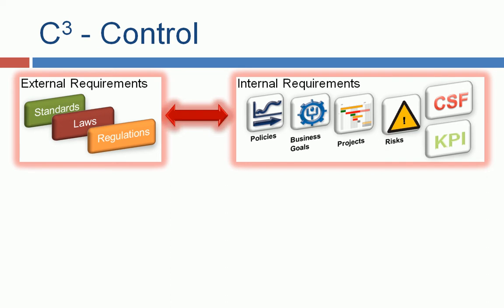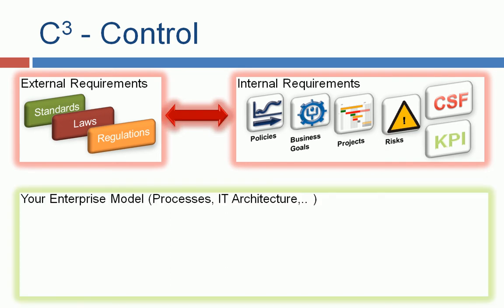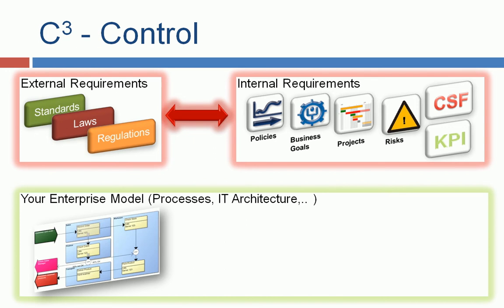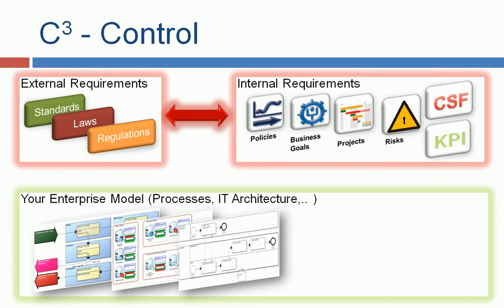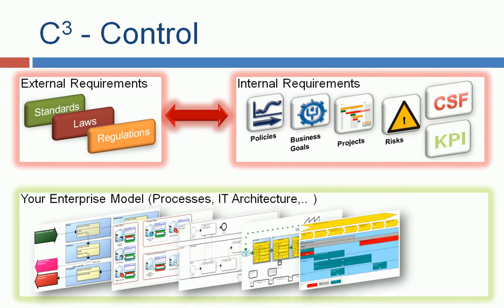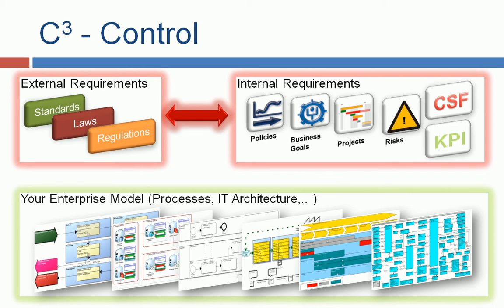And on the other side we have our enterprise model with a whole range of different diagram types and information objects. The next question is how can we now bring the external requirements and internal requirements to the framework? It's a simple answer. We have controls and audit questions. So these are the missing link to make sure you can consolidate your achievement.